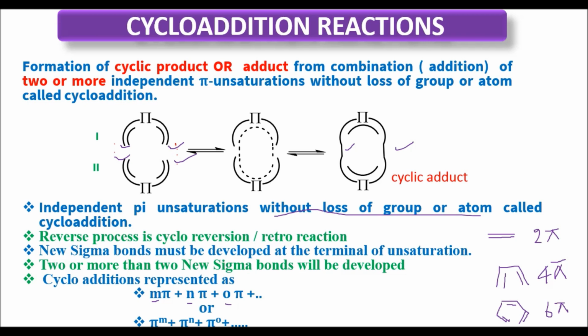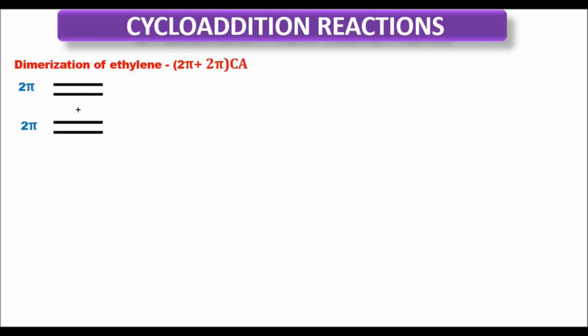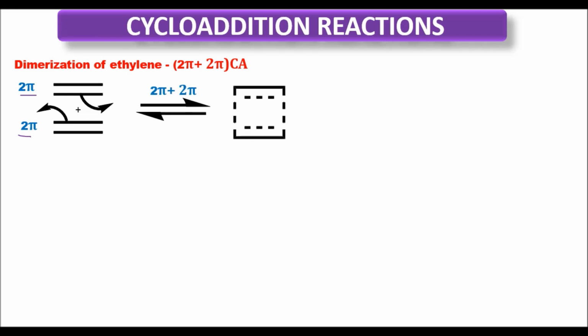Friends, the best examples to explain cycloaddition reactions: one is the dimerization of ethylene. Dimer means the combination of two molecules, so we take two ethylene molecules. Each ethylene has 2 pi electrons, and this pi bond shifts here, this pi bond shifts here, and the cyclic transition state is formed in the reaction. 2 pi electrons are adding, that's why it is called 2 pi cycloaddition.